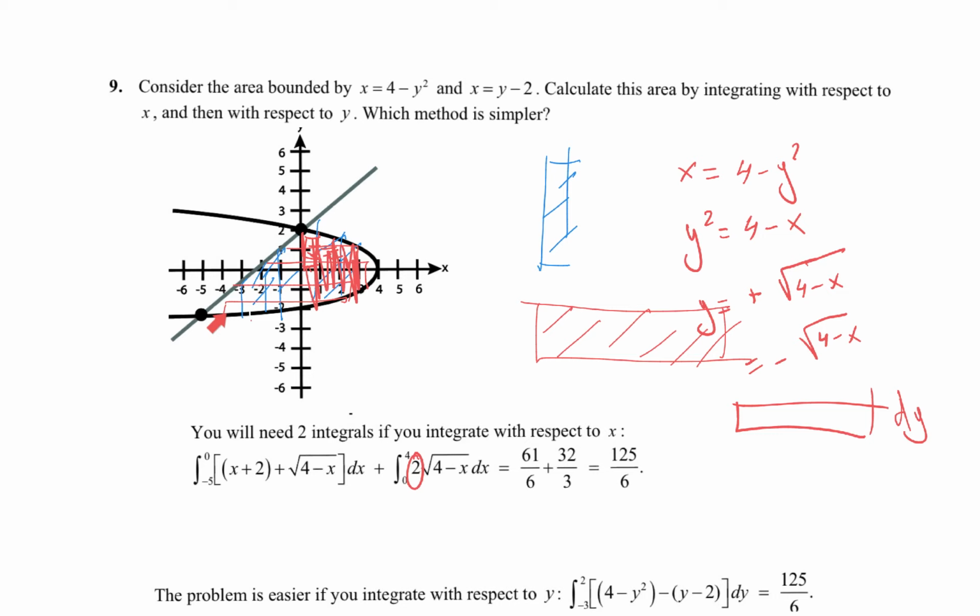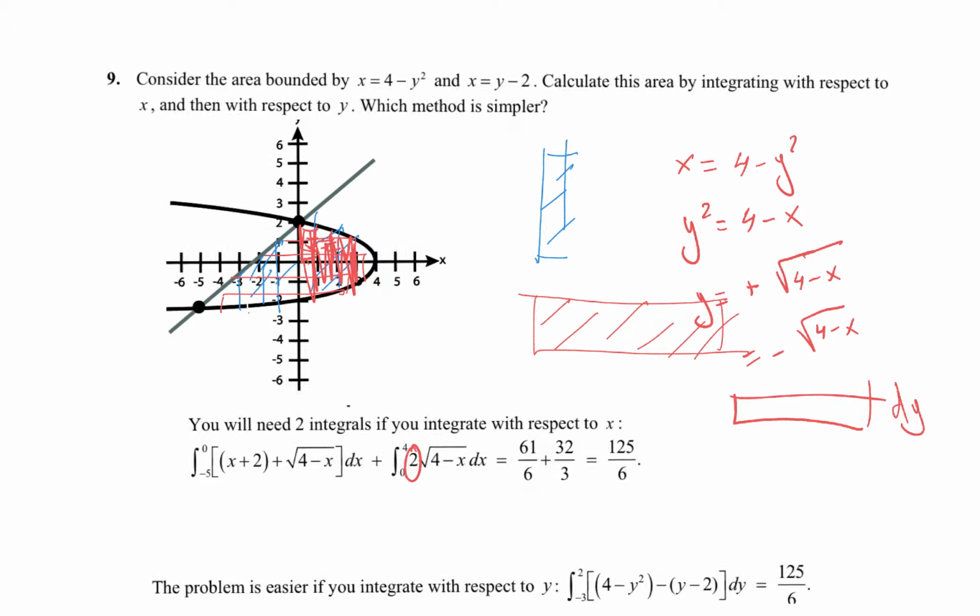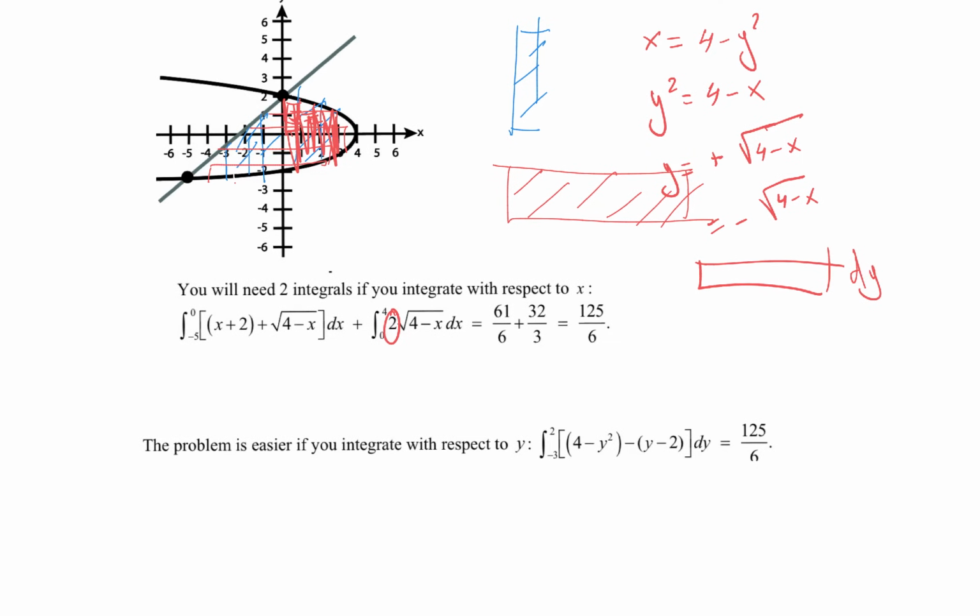So let's go to see the calculation. The calculation will be like this. The area will be, from y equal minus 3. Y equal minus 3 is the rectilinear, the horizontal line here. Okay, to y equal 2.